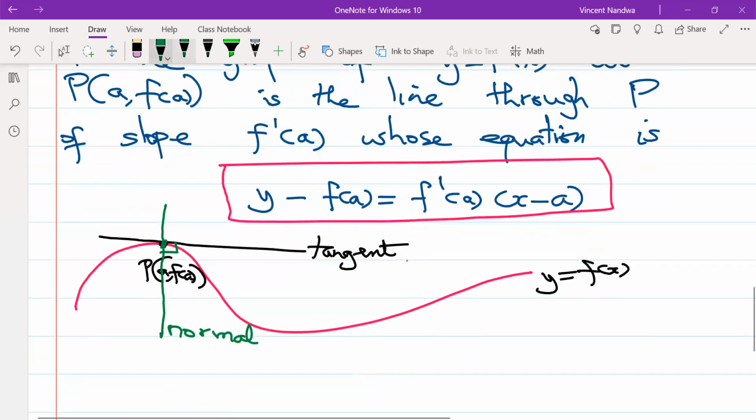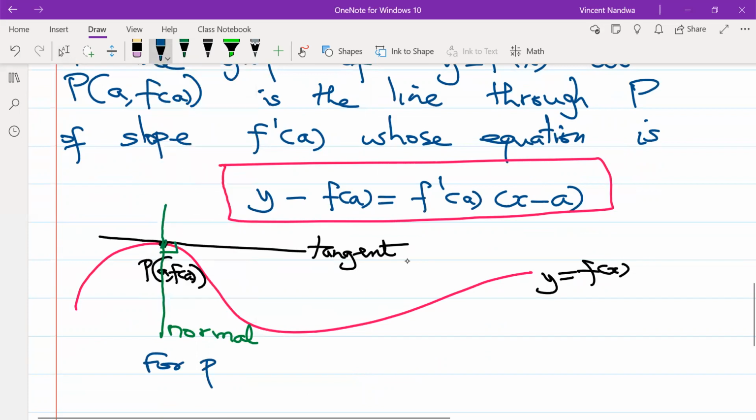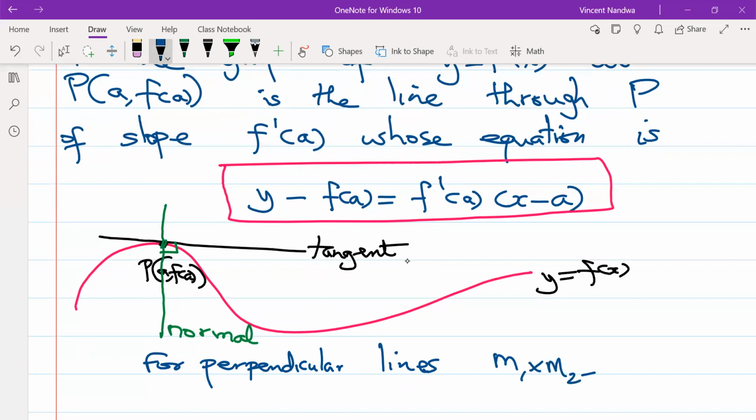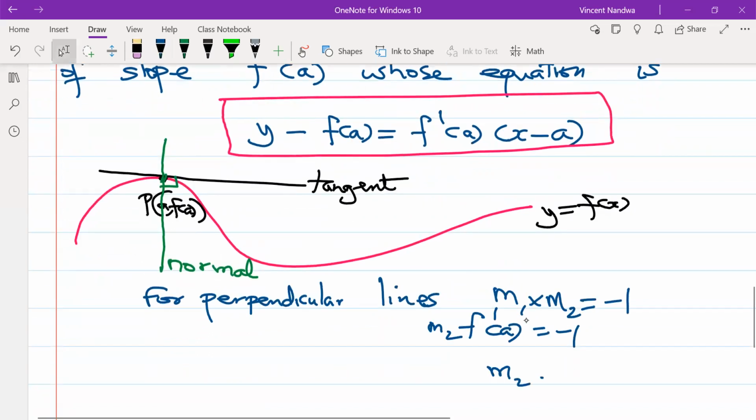So for perpendicular lines, the product of gradients is -1. M1 times M2 is -1, where M1 and M2 are slopes. So if the slope of the first line is f prime at a, then f prime at a times M2 equals -1. What would be the value of M2?